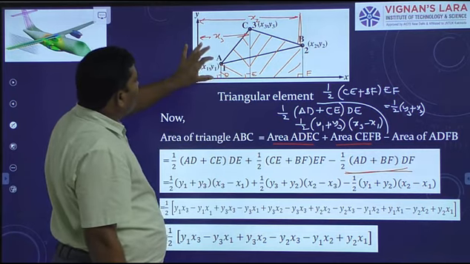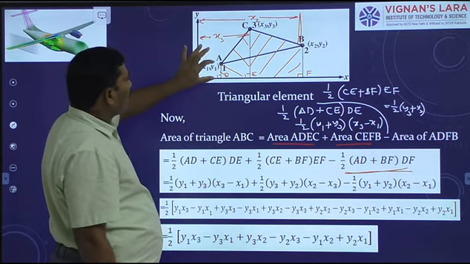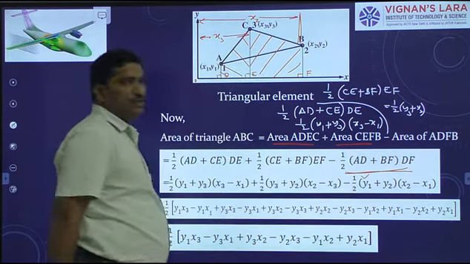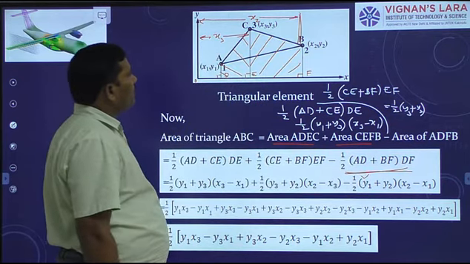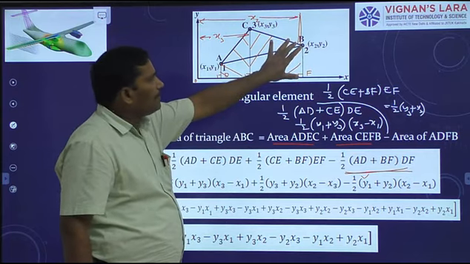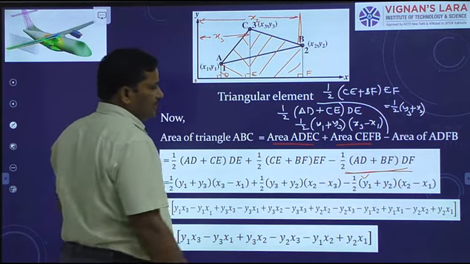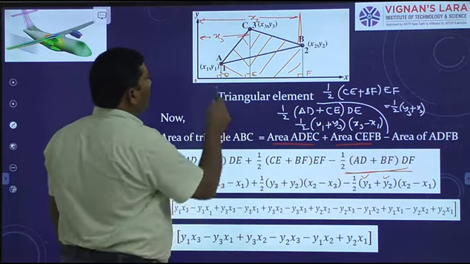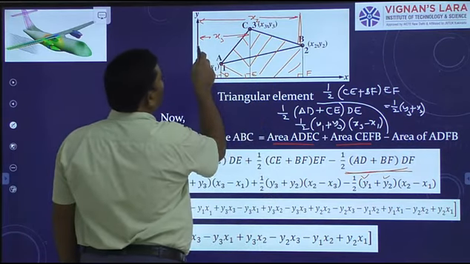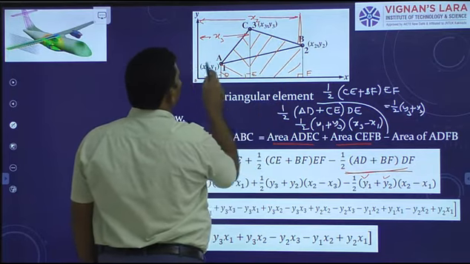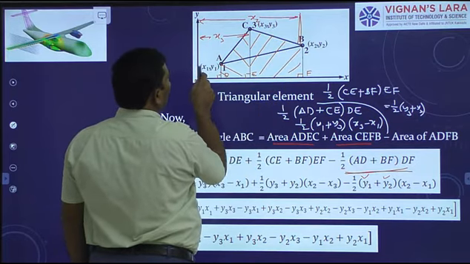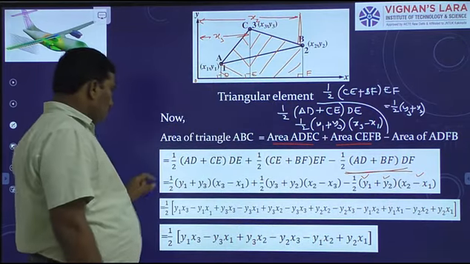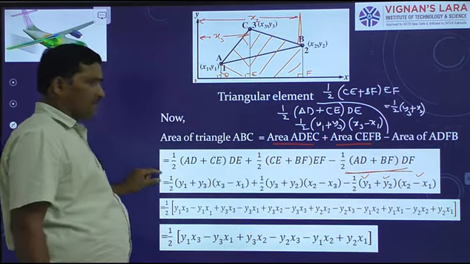AD represents simply the y coordinate of node 1, that is y1, plus BF. What is BF? It represents simply the y coordinate of B. Therefore, y2 into DF. What is DF? DF is simply x2 minus x1. I have written it. This is how we have to write carefully.